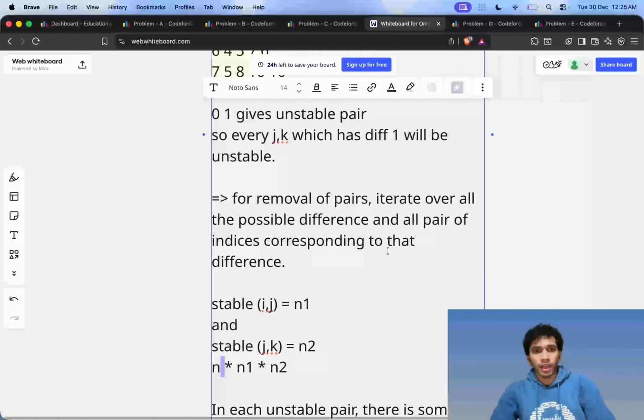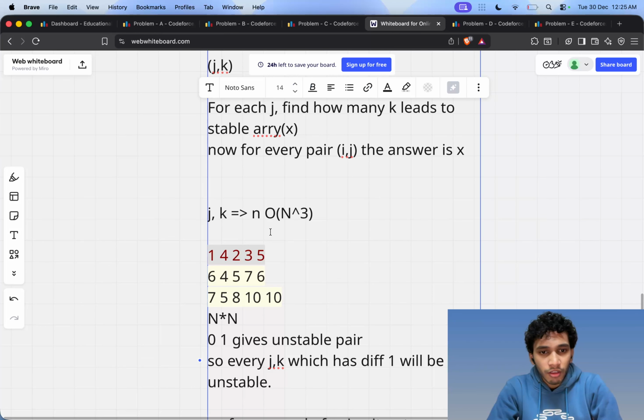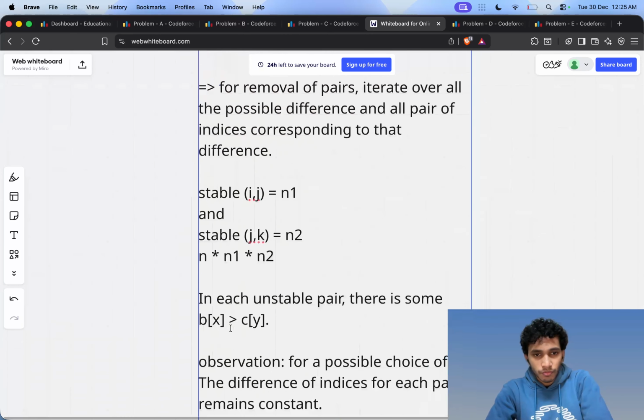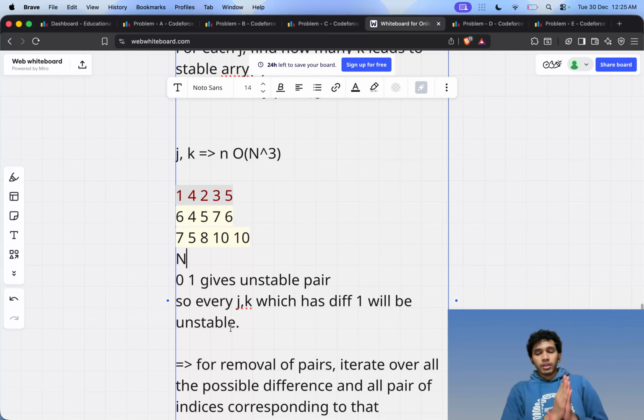Okay, so this is as we discussed. For each choice of j and k, we are having n options. At each difference, if we found an unstable pair, one choice for j for every i will be reduced. Why? Because for this i, if the difference is 2, what is the choice of j?